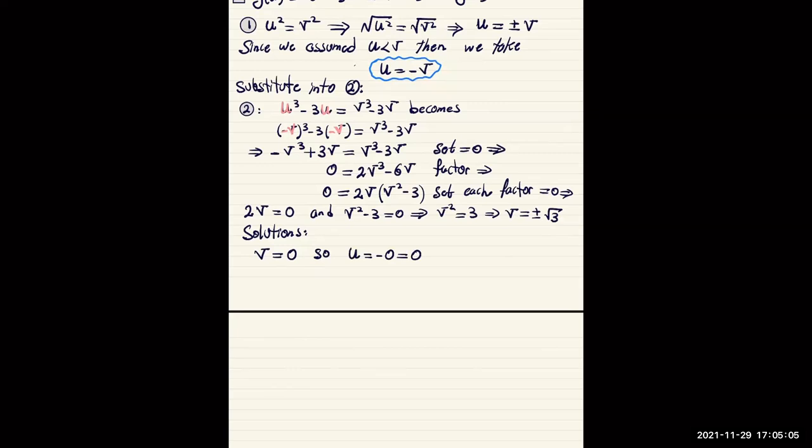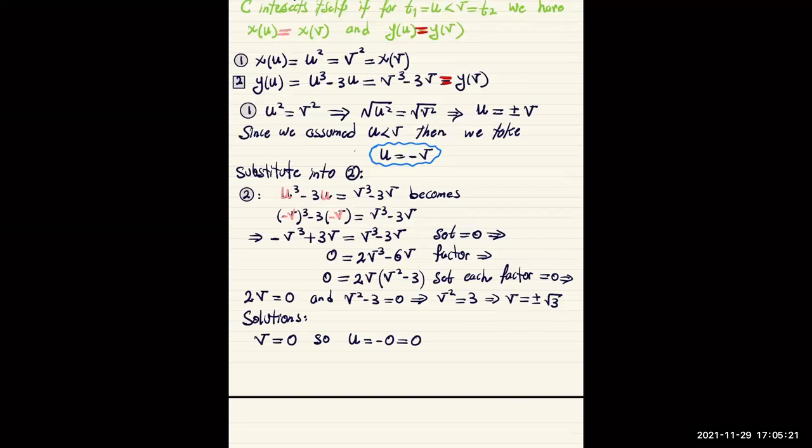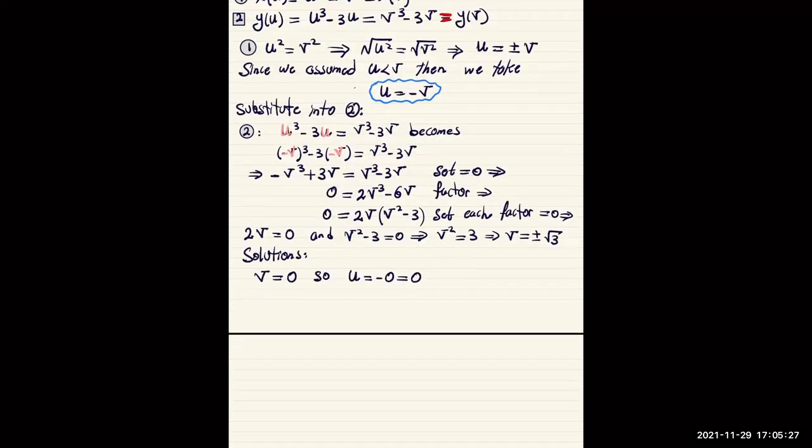My question for you guys now, can v equal 0 and u equal 0 be the solution? No, because then we assume one was less than the other. We are not interested in the same t values. We want to know if there exist 2 different t values. So when they're both 0, then it's the same t value corresponding to the same point. That's not what we want.